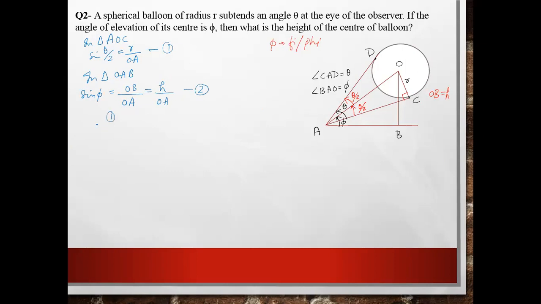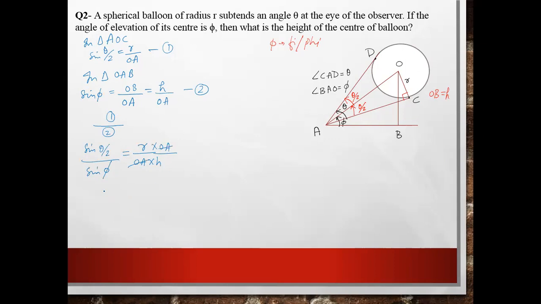Now I'll divide equation 1 by equation 2. All right, if I do this, what will I get? I'll get sine theta by 2 upon sine phi equals R upon OA into OA upon H. It was H upon OA, so it will come up. So OA will cancel OA.